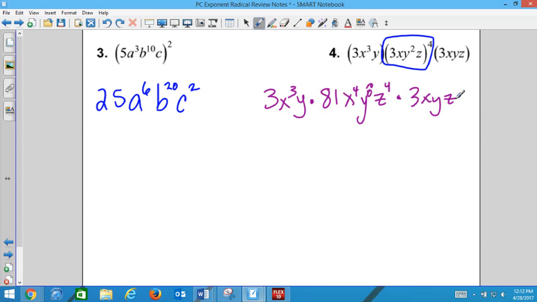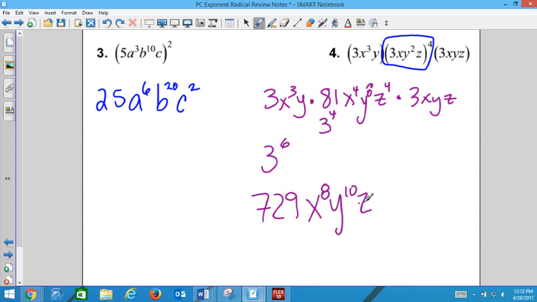Or if I have my powers memorized, 81 is 3 to the 4th, and it might be easy to say, oh, that's 3 to the 6th, which is 729, if you have those numbers memorized. Otherwise, you just multiply them out. X's, we've got 3, we've got 4, and we've got 1 more. So how many X's total? X to the 8th. I've got Y to the 10th and Z to the 4th.